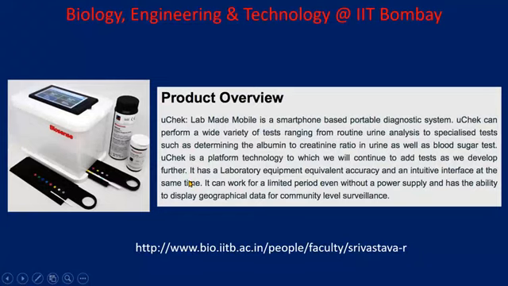Since it's low cost, it has a limited power supply, so you really don't have to plug in a power supply to operate this device. This gives you really good benefits in remote areas where there is a shortage of power. This has been developed by Professor Rohit Srivastava at Biosciences and Bioengineering.